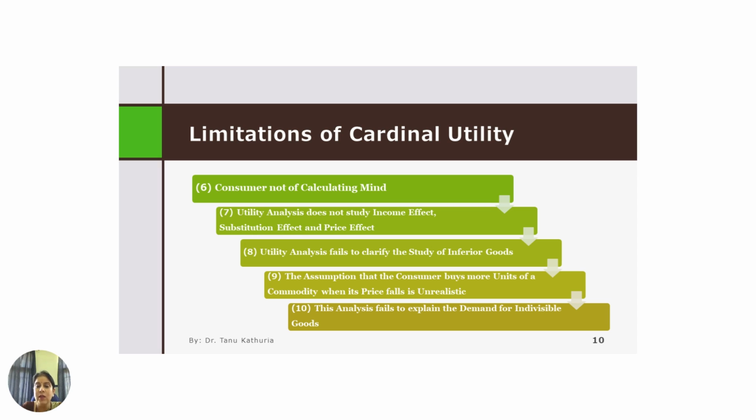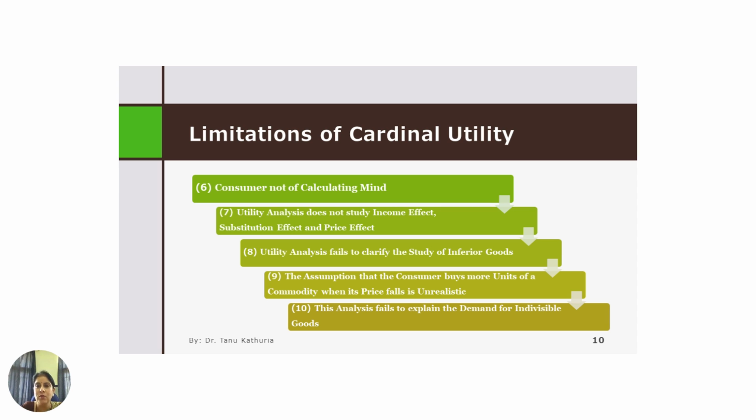Utility analysis fails to clarify the study of inferior goods. The assumption that the consumer buys more units of a commodity when its price falls is unrealistic, because if I have to show off my status, I will buy more diamonds even if their price is increasing.